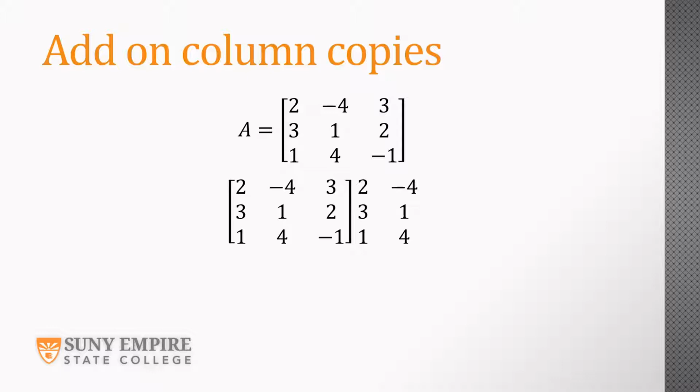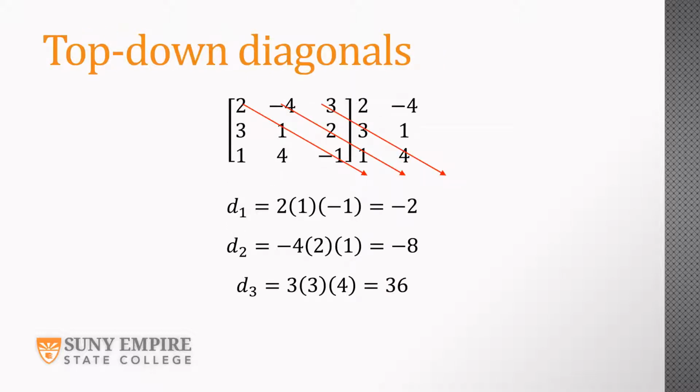We have 2, -4, 3, 2, and -4, then 3, 1, 2, 3, and 1, then 1, 4, -1, 1, and 4.